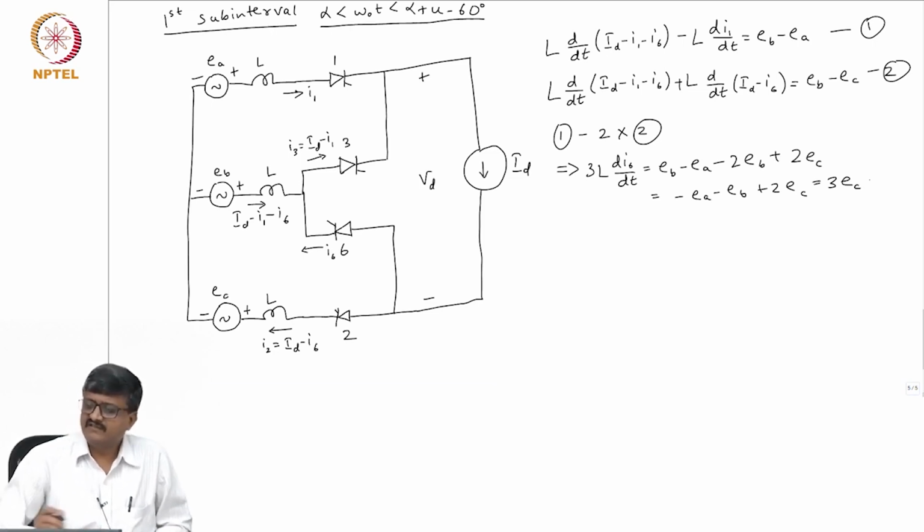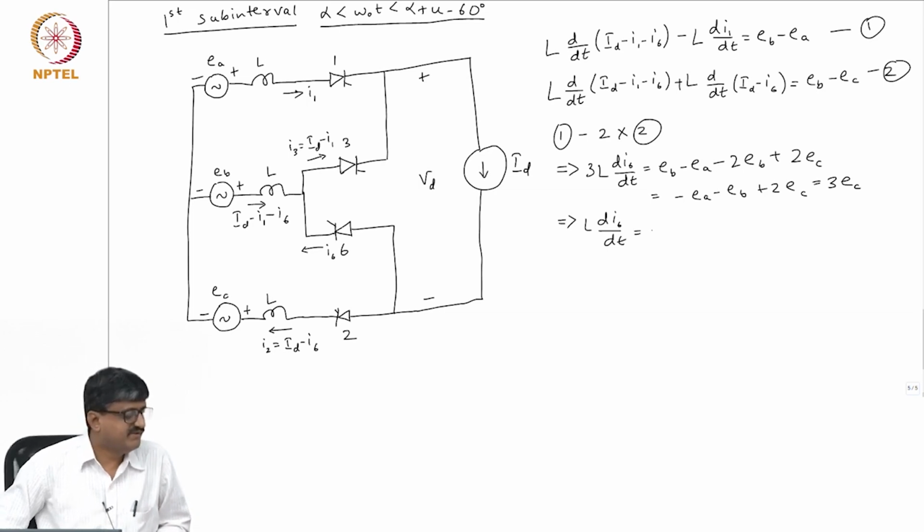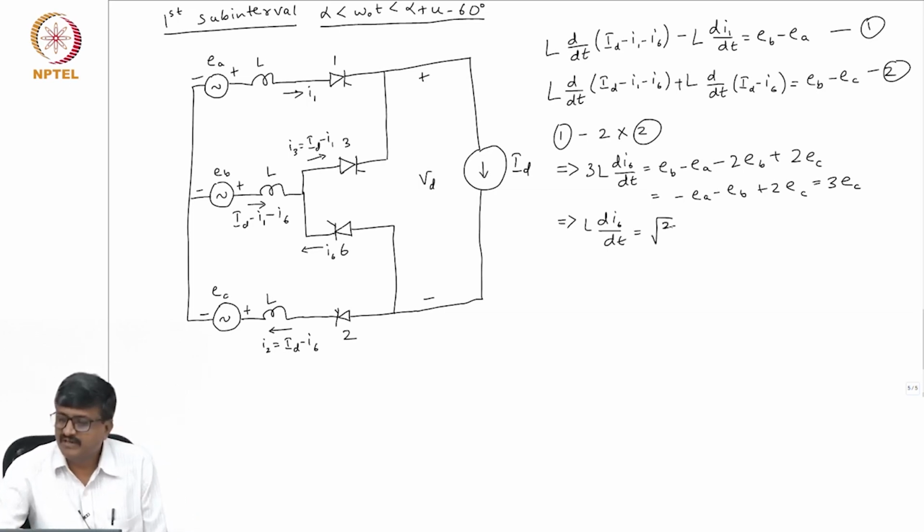So, I can just cancel that 3 on both sides. So, what I get is L di6 by dt is equal to EC, which is root 2 by 3 V sin(omega ot minus 90 degrees).